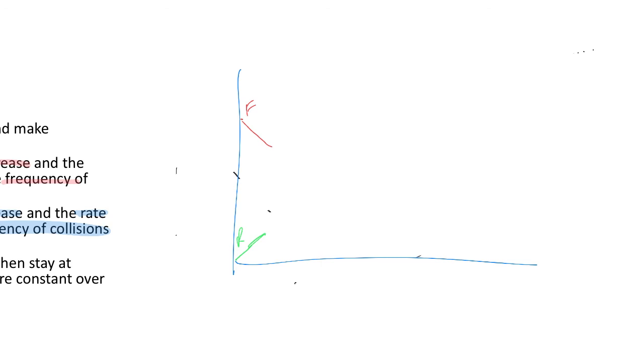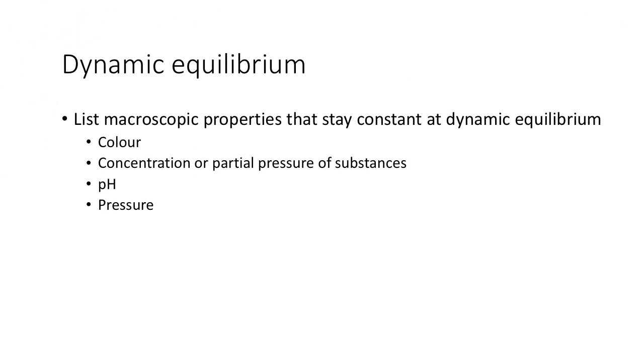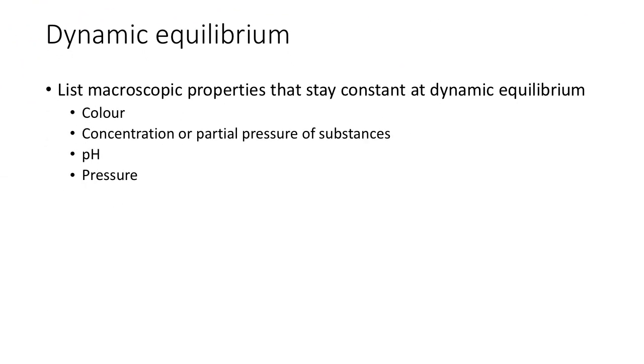So over time, this one goes up, this one goes down, until they are equal. That is how you would have the rate of reaction over time of the forward and the reverse reaction establishing dynamic equilibrium.